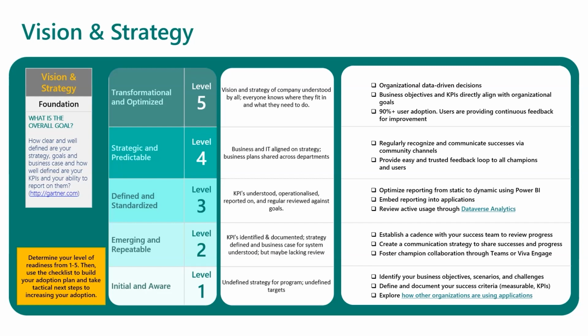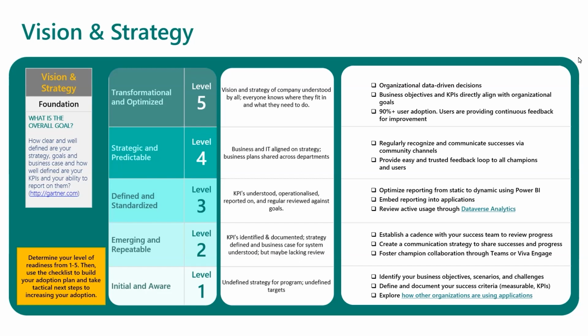And you'll increase levels by completing the checklist items on the right. Whatever your level is, add those corresponding items to your adoption plan as tactical next steps. And we'll share a template here for a plan in a little bit. It's also important to note that a lower level is not a bad thing. It is simply your lived experience today to help guide you to your future state.